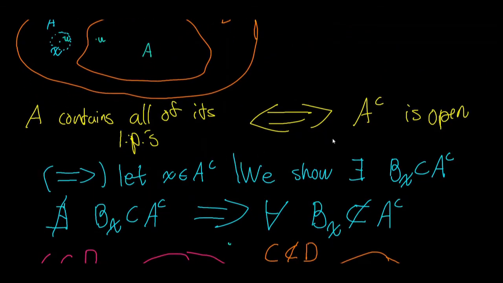If we were to suppose that the complement of A is not open, then we derived a long chain of implications that eventually arrived at the fact that we were able to find a point x that's not in A, that's also a limit point of A, contradicting the fact that A contains all of its limit points. So therefore, if we suppose that A contains all of its limit points, then it must be true that the complement of A is open, because otherwise we would arrive at a contradiction.